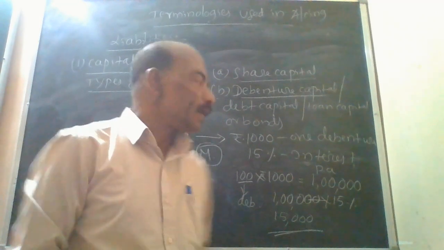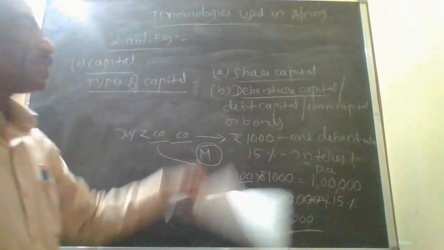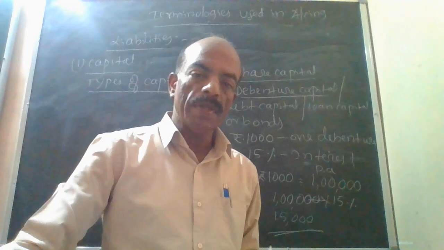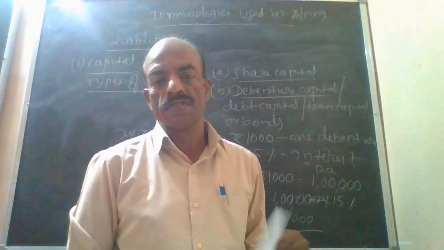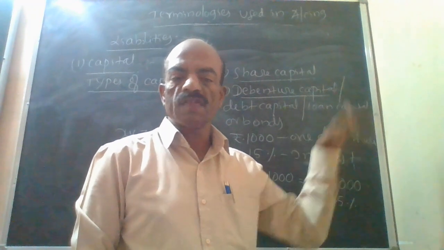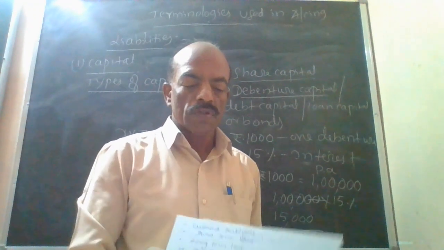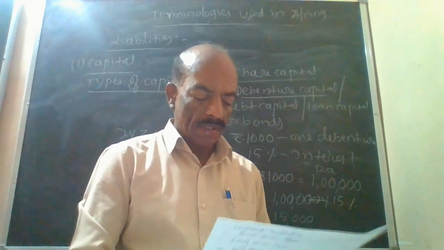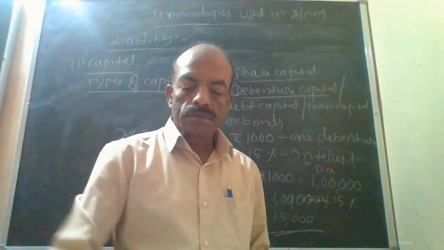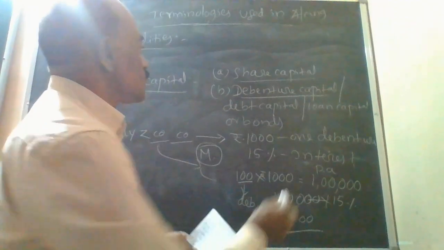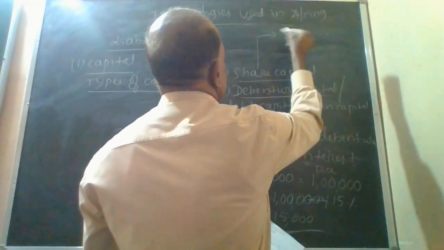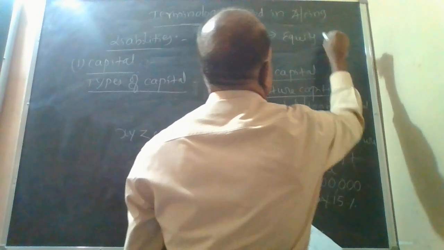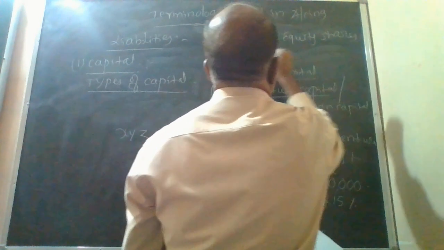So that is called debenture. Debenture is one type of capital issued by the company. In case of debenture, the company pays interest. In case of shares, the company pays dividend. That is the main difference between share capital and debenture capital. Share capital is further classified into two categories: equity shares and preference shares.